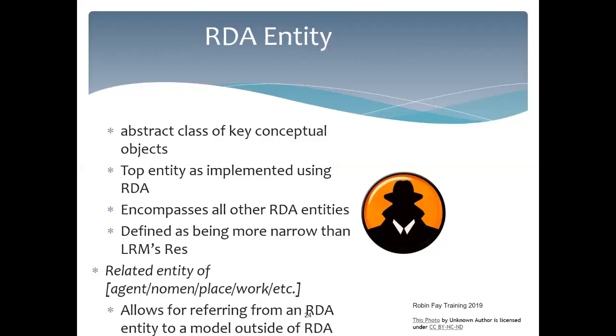But if you're using RDA, we're plugging in at this RDA entity level. You really don't need to know a whole lot more about res except that it's the master thing of everything up there. It's our bibliographic universe. So, for RDA cataloging, we're looking at RDA entities and below.